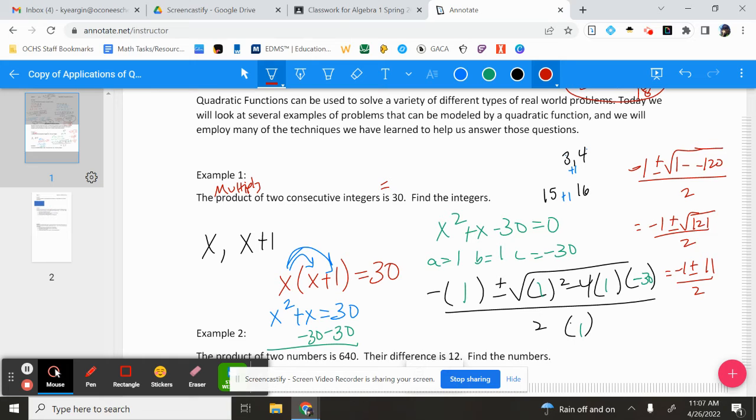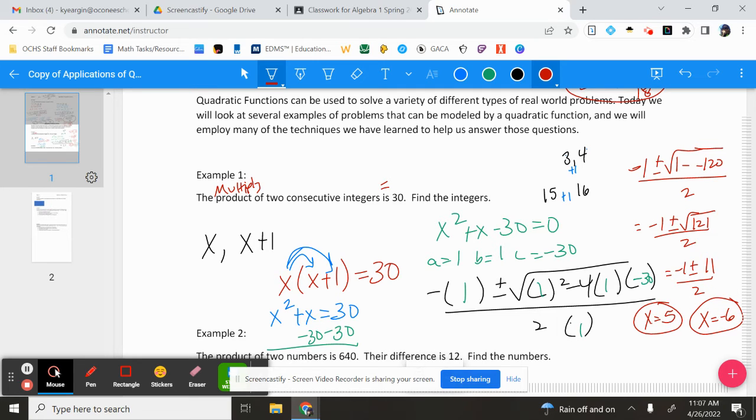So negative 1 plus 11 gives me 10. 10 divided by 2 is 5. And then if I did negative 1 minus 11, that gives me negative 12. Negative 12 divided by 2 is negative 6.